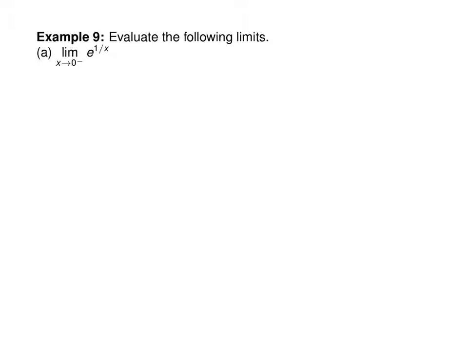I thought I would bring up one-sided limits again because they're tricky. Do you agree? Okay, so as x goes to 0 from the negative side, where is 1 over x going to go? It goes to 1 over a negative 0.